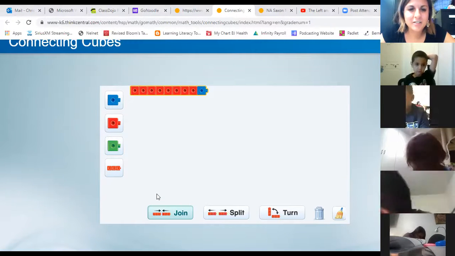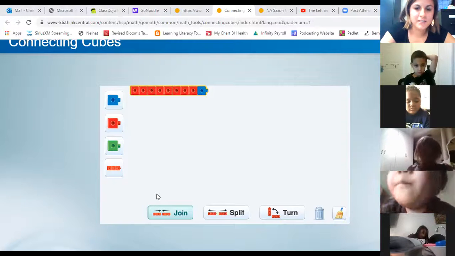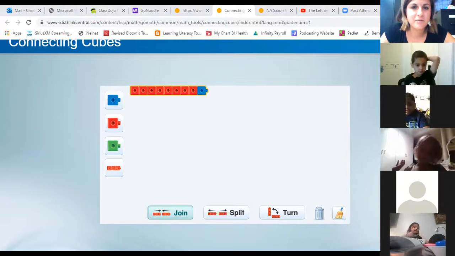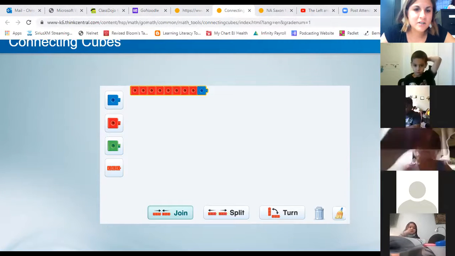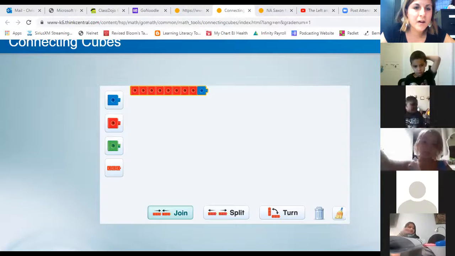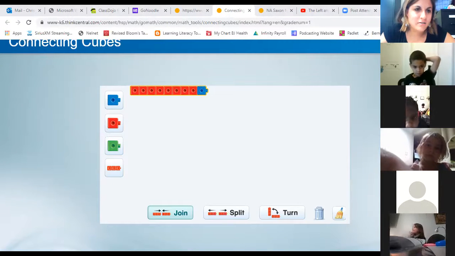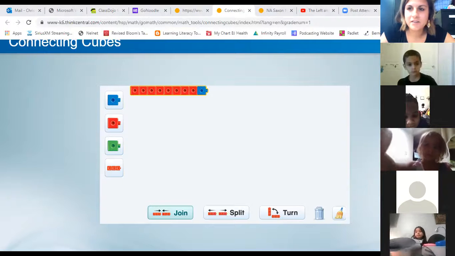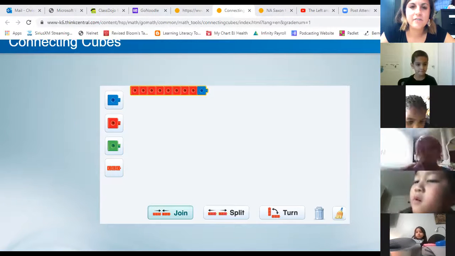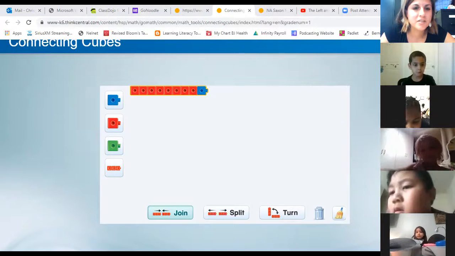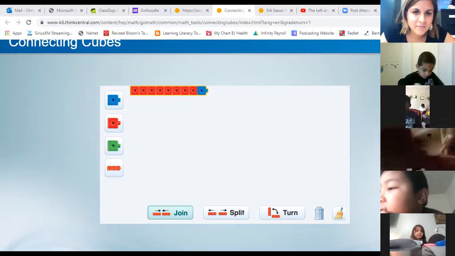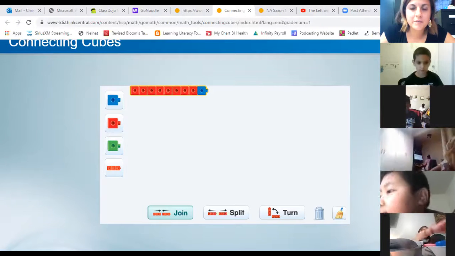All right, so we have our 2 number sentences here that we did. The next thing we're gonna do is count from 1 to 20. Remember, you should have a number chart on your page there, so you can use that to help you. We're gonna start with 1 and go all the way up to 20.